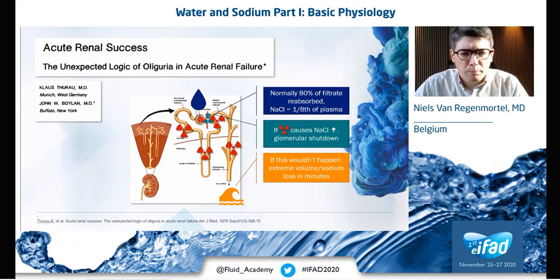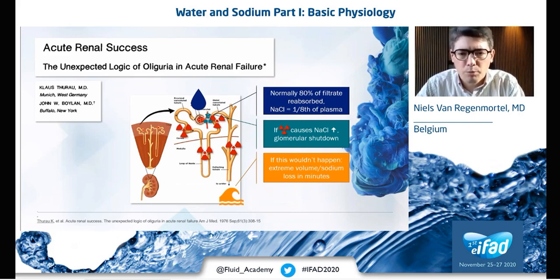So the problem is that we need some policemen there to guard this situation, here at the level of the tubuloglomerular feedback system, to avoid that we will lose all these ions.